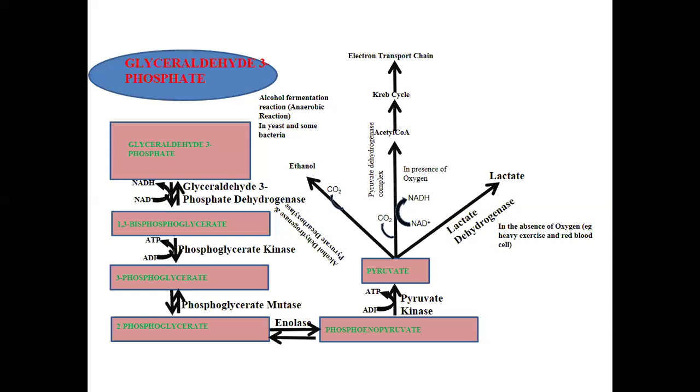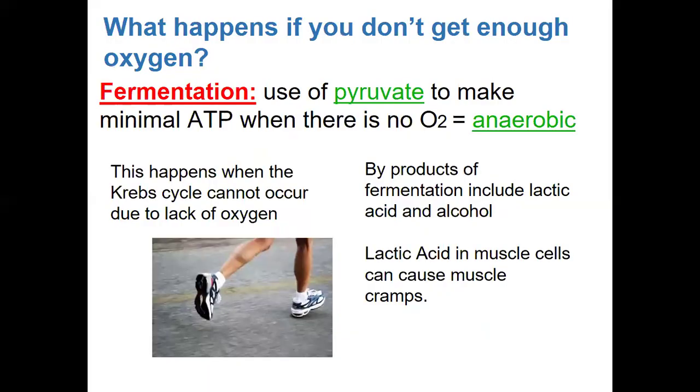So you have what we call the pyruvate dehydrogenase complex in the presence of NAD and carbon dioxide. The pyruvate is converted to acetyl-CoA. When it converts to acetyl-CoA, it moves to the Krebs cycle and then to the electron transport chain. Like I said, the absence of oxygen is anaerobic respiration, and that is when the pyruvate can be used to make ATP, no matter how small.